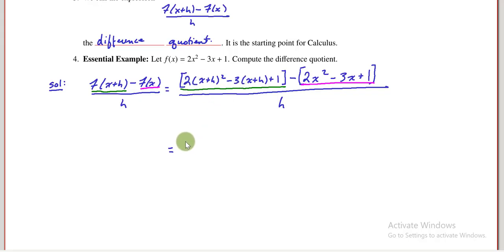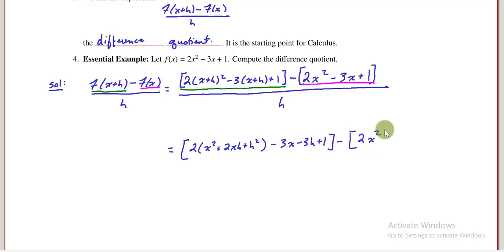So here, if I went to start expanding that, we'd have 2 times the quantity x squared plus 2xh plus h squared minus 3x minus 3h plus 1. All of that is still inside of that large grouping symbol for just the expression f of x plus h. Then I'll subtract from that 2x squared minus 3x plus 1.